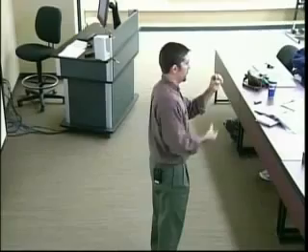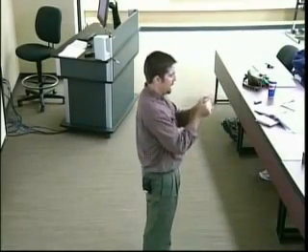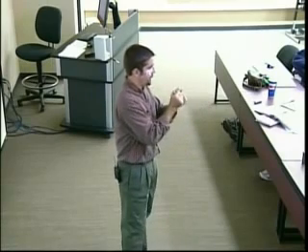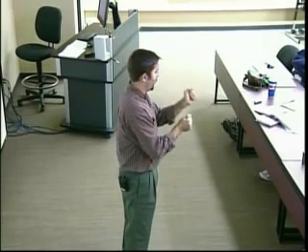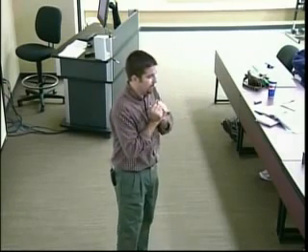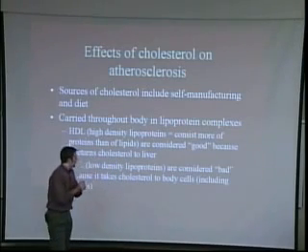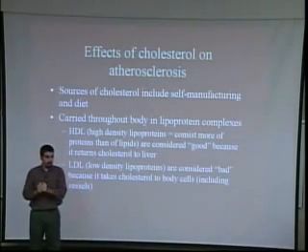HDL stands for high-density lipoproteins. Cholesterol is made of pretty much two things: lipid molecules and protein molecules. They combine together, and depending on how much of each there is, whether there's more lipids or more proteins that make them up, it helps us classify them in terms of HDL or LDL. Protein, well, think about fat and muscle.